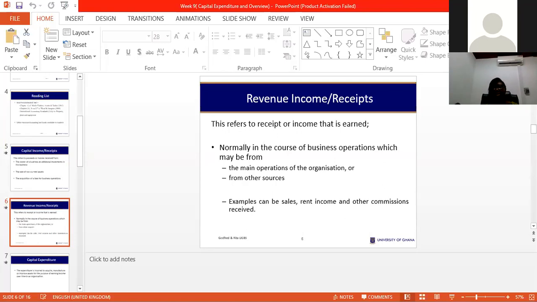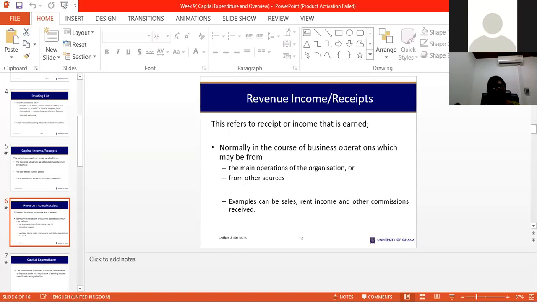Then you would have earned the revenue income or revenue receipts. Once that has been earned or received, and the transaction is in the normal course of business operation, again, the transaction that yields the revenue income must be your main operation.